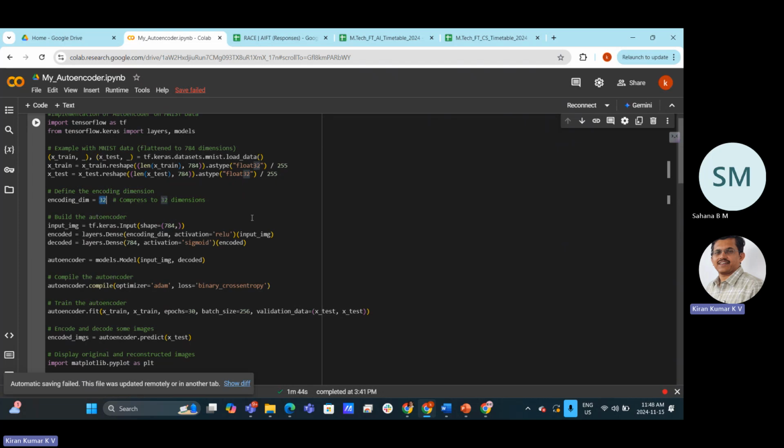Similar to the first point, each and every point will be connected from 784 to 32, and 1 to 784. All will be connected. This is how it will look. Drawing this is not practically possible. So this is a dense layer. All 784 points will be connected to 32 points.